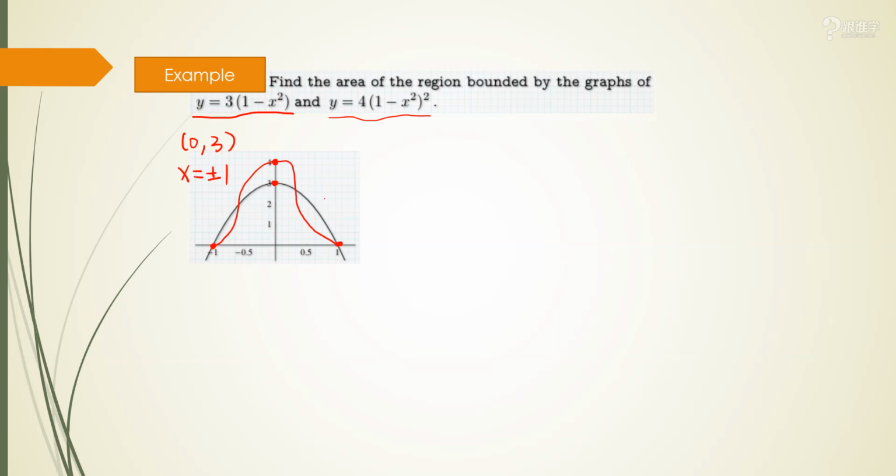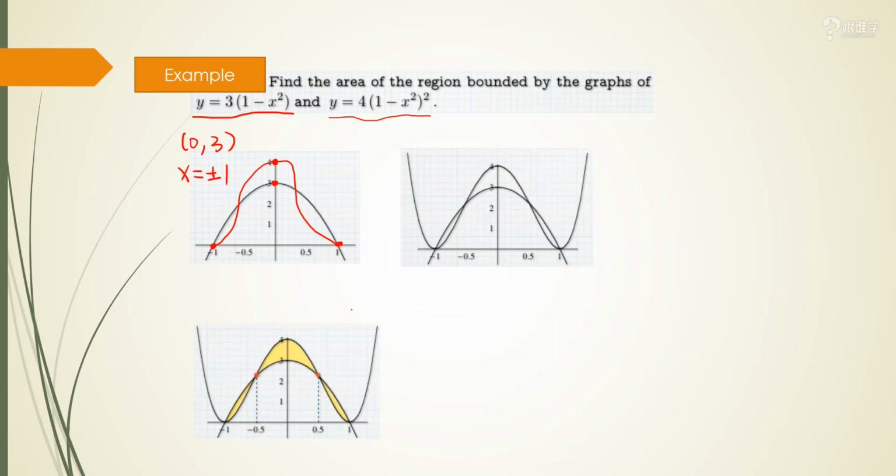So the computer gives us the shape of the 2 functions. For the two curves, there are 4 points of intersection in total, and 2 of them are the common zeros of these two graphs, and the other 2 are to be determined. Firstly, at this region, the upper curve is the 4th degree function, and the bottom curve is a parabola.